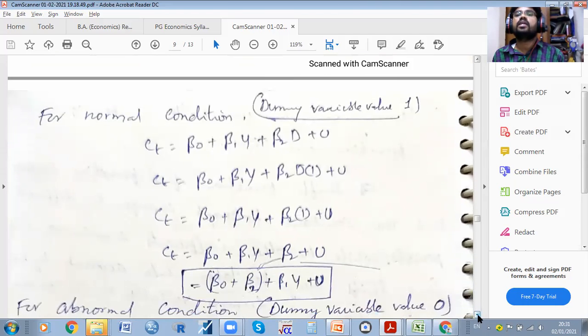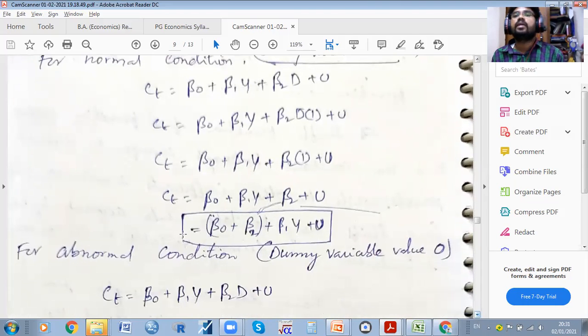So Ct is equal to beta 0 plus beta 2, that's why there is a change in the constant or intercept, plus beta 1 Y plus u.